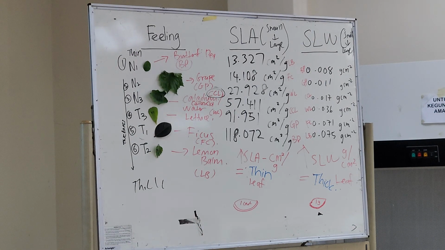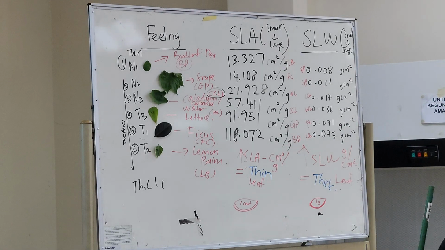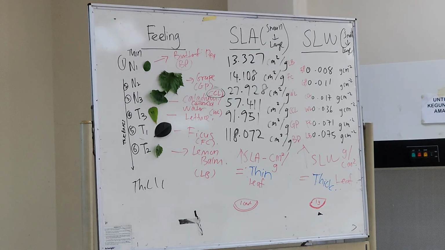Okay, that's good. Who's your thinnest leaf? Our thinnest leaf is N3. Where is N3? What leaf is that? Is it the thinnest? Yes. Okay, what about the thickest? Lemon balm. That's thick. Right.